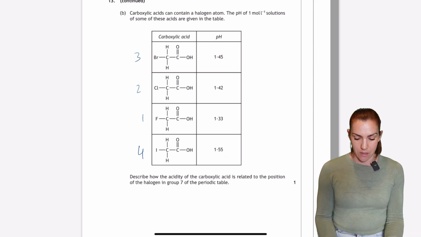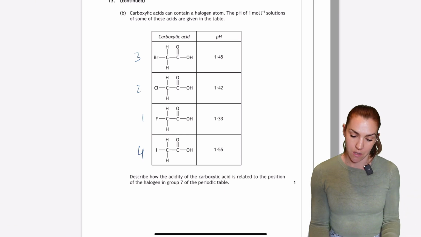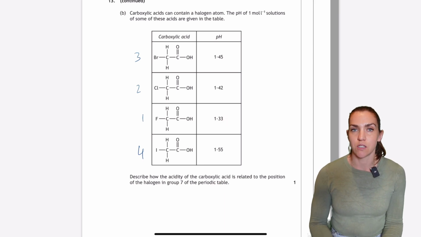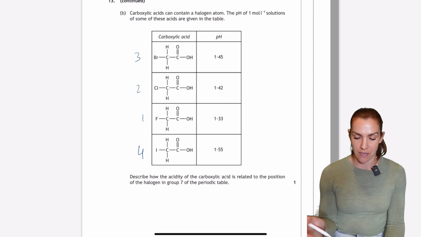However, they've asked about the acidity. So remember, a lower pH means it's more acidic. So actually, as you go down the group of the halogens, the acidity of the carboxylic acid decreases because the pH is getting higher, so it's becoming less acidic. So that's how you would want to phrase your answer.